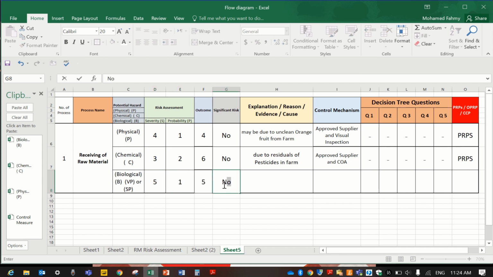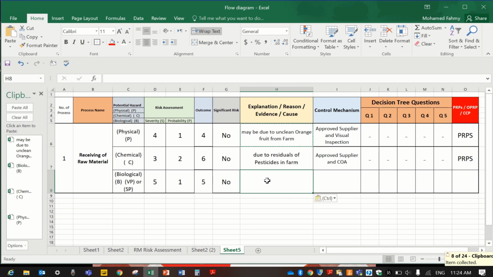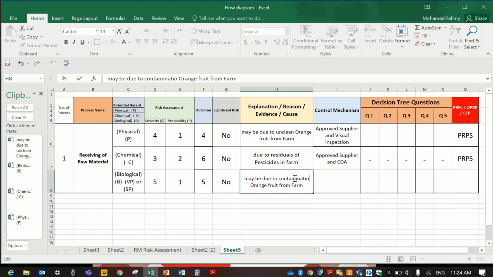It is not significant risk, also maybe due to contamination of orange, or improper storing temperature.